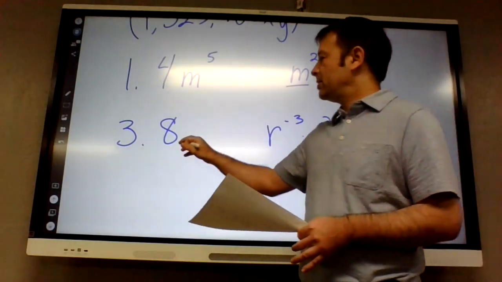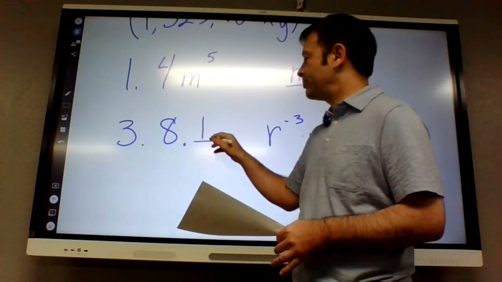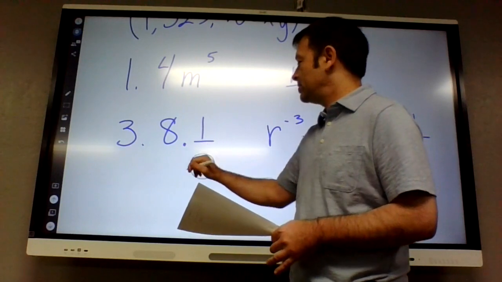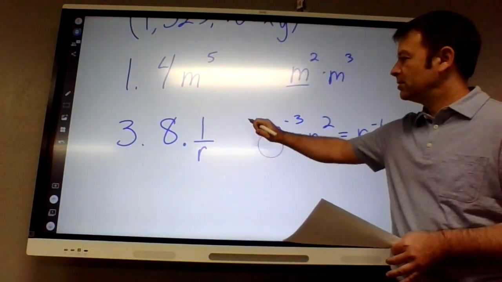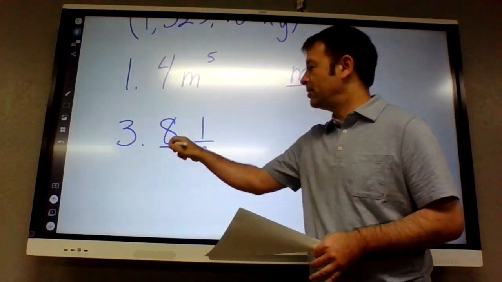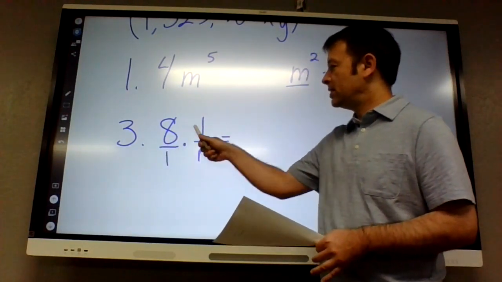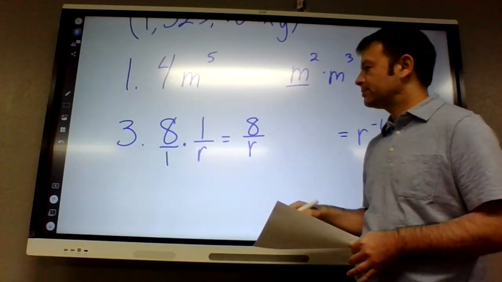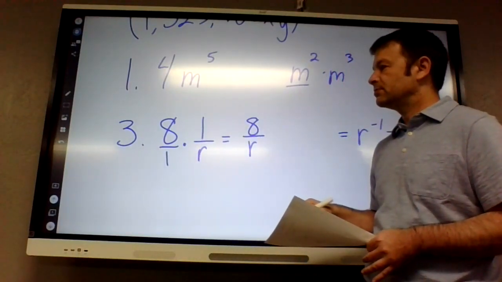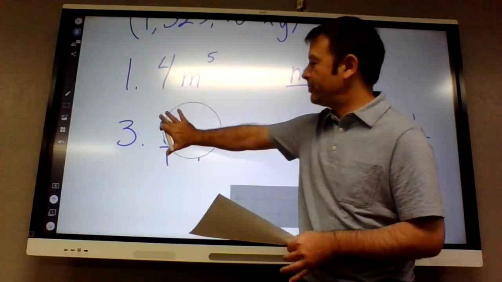Okay, what about the 8? This is a multiply problem. These things are multiplied together. What does this simplify to? Right. 8, or 8 over 1, 8 times 1, 1 times r. Here's another way to think about it.